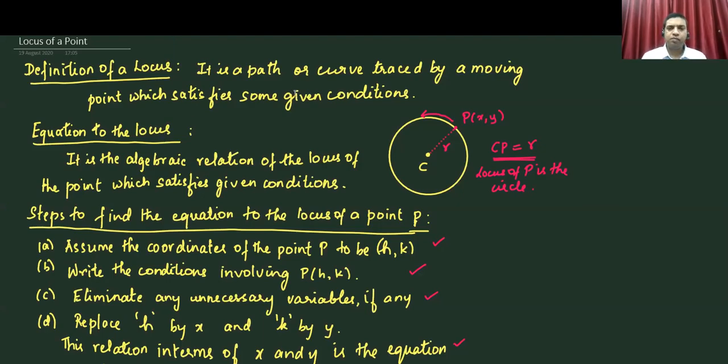Satisfying those mathematical conditions, it traces a path that is called a locus. An equation of the locus we call the equation to the locus.